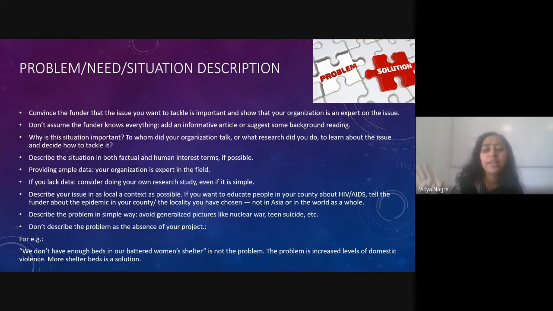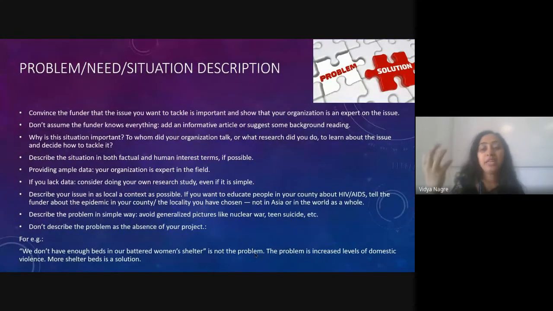Do not talk in generalized terms like what happened in Asia or the whole world, because your project or research is going to focus on a particular region, a particular zone. You have to be focused only on that, because you are going to get a limited fund which you can't apply for the whole of Asia, which is impractical, because you have to focus on a small area first.